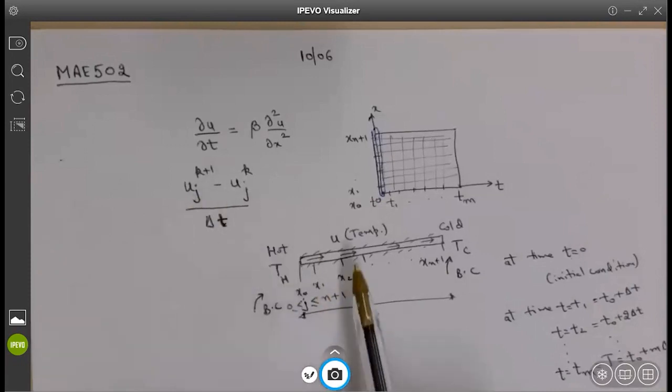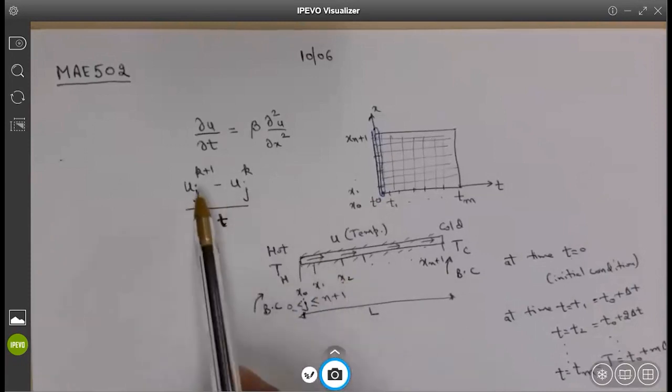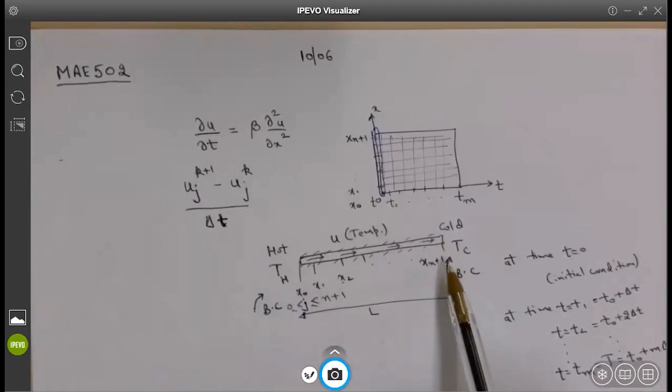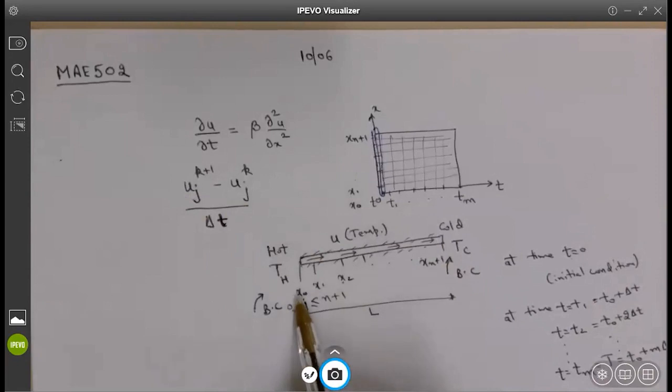If j equals 2, it represents the temperature at x2. If j equals n plus 1, where n plus 1 is 202, it goes from 0 to 201 points. So j goes from 0 to 201. That was given to you, right?